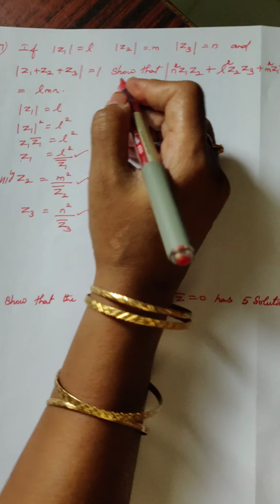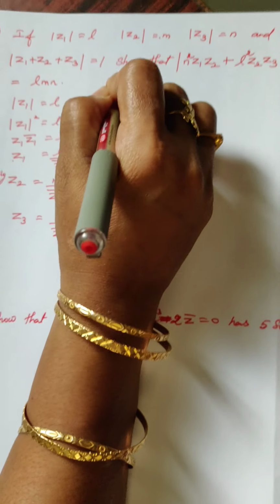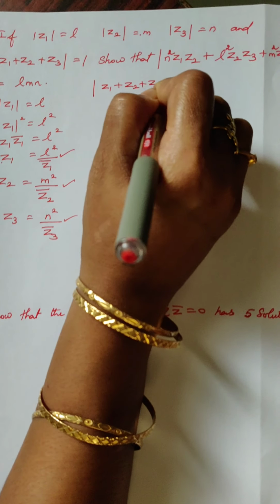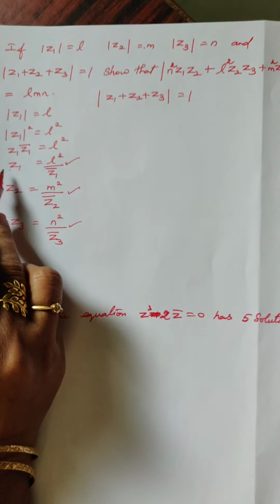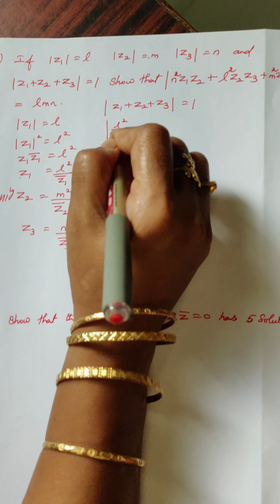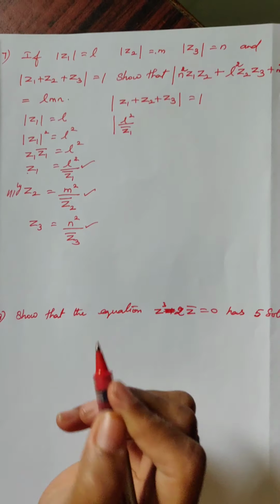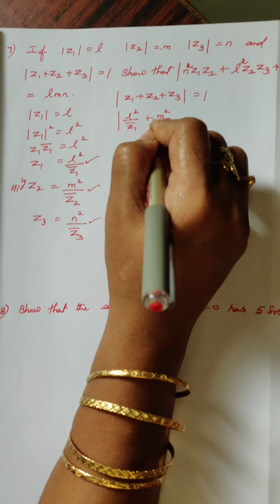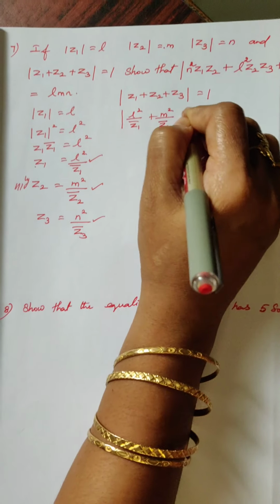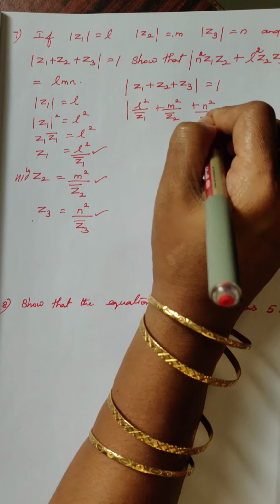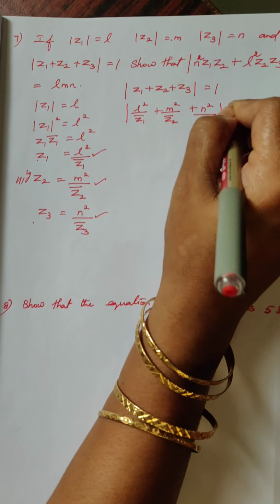Using this information I am going to take one more result. The given information is modulus of z1 plus z2 plus z3 equal to 1. I am going to replace z1 as l square by z1 bar, z2 as m square by z2 bar, plus z3 as n square by z3 bar, equal to 1.